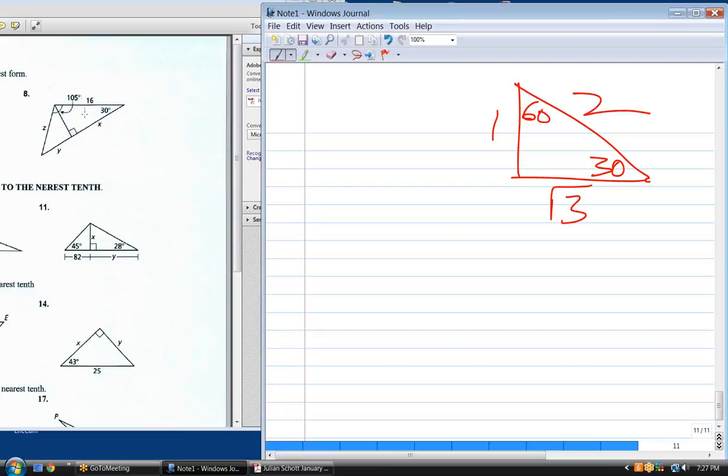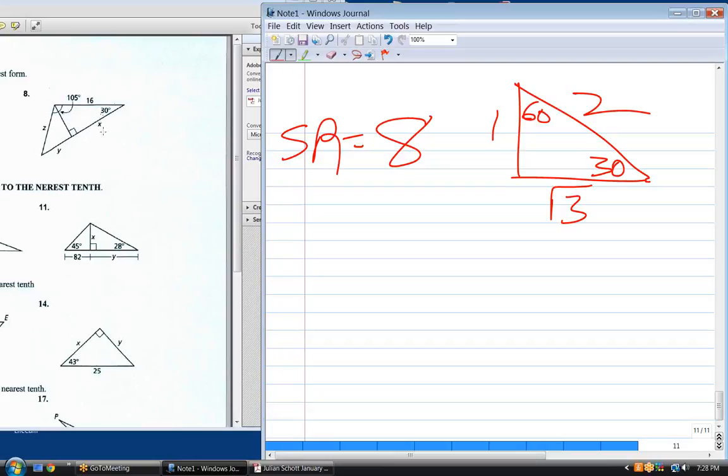So in this triangle right here, what is the similarity ratio? Compare equivalent sides. So 16 to 2. 16 divided by 2. 8 to 1. Yeah, 8 over 1.